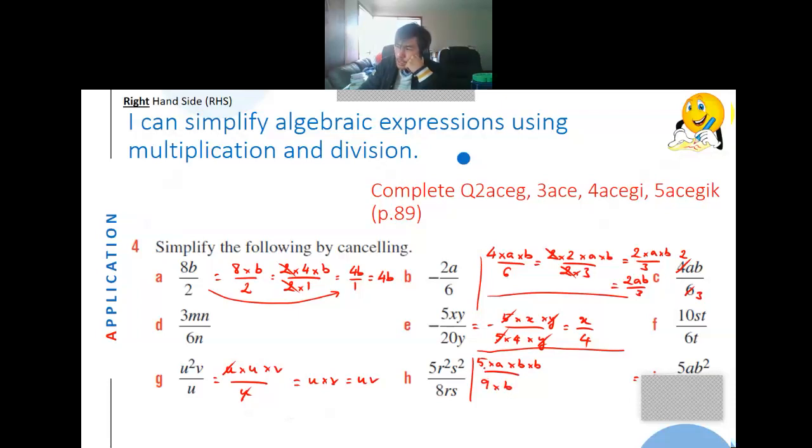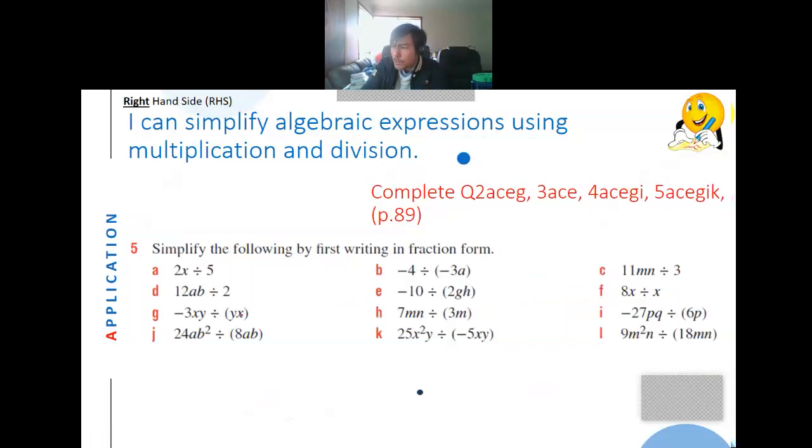Well, 5 and 9, there's no number that can go into both of them, so we're just going to leave them like that. And so we have b at the top and a b at the bottom. Cross them out. So what we have left is 5ab over 9. Okay, so that's how you would do question 4.